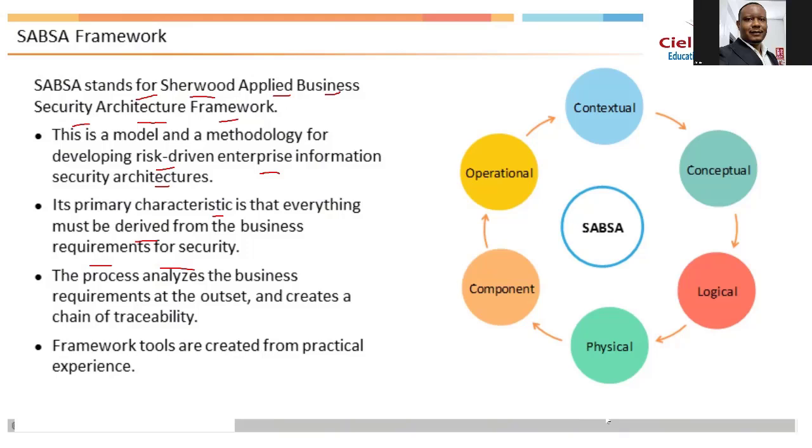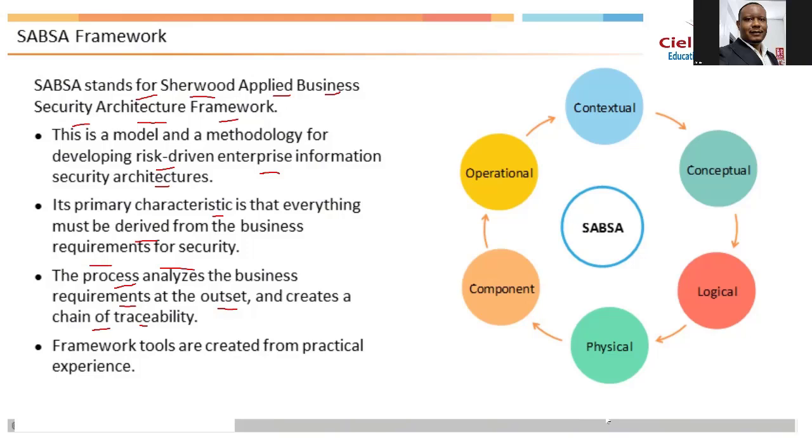So if, for example, we're a financial institution and we need strong data confidentiality for customer transactions, SABSA will guide us as to how to implement encryption and access controls based on this very requirement. Then also the process analyzes the business requirement at the outset and creates a chain of traceability, from the business requirements through to the implementation of the security controls. So this allows the organization to see how each security measure relates back to the original business needs.